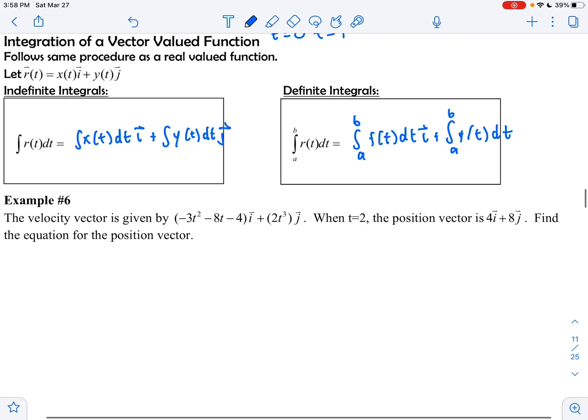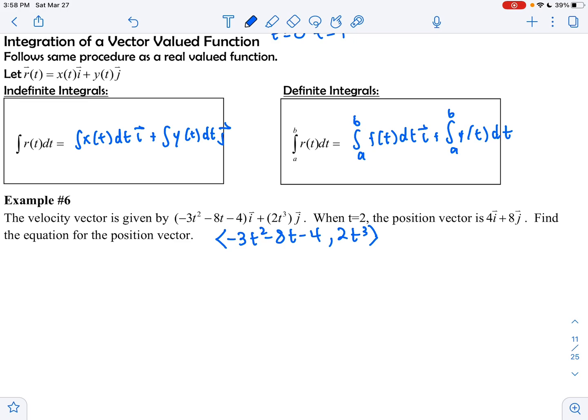And so let's work with our first example here. You're given the velocity vector, and again, sometimes this is written in component form, as negative 3t squared minus 8t minus 4, comma 2t cubed. And just like with regular functions, when I'm given a vector valued function, they might expect me to do an indefinite or definite integral.